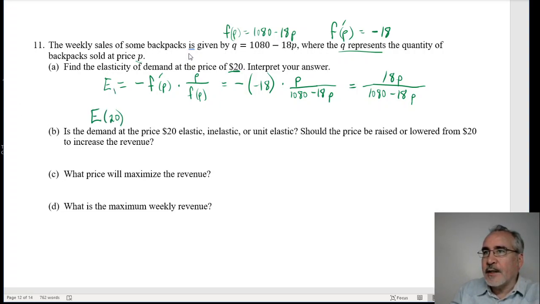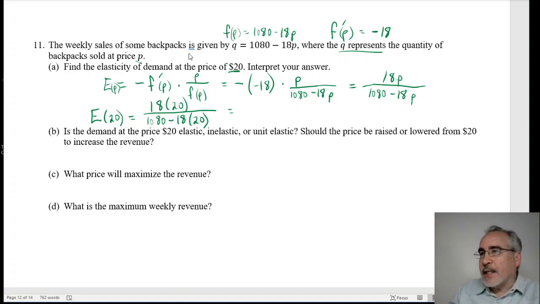And again, if you want, you could say this is really E of P. So we want 18 times 20 in the numerator, 1080 minus 18 times 20 in the denominator.